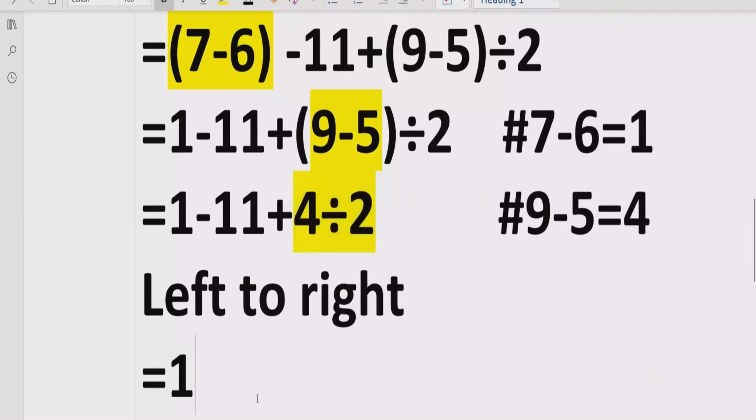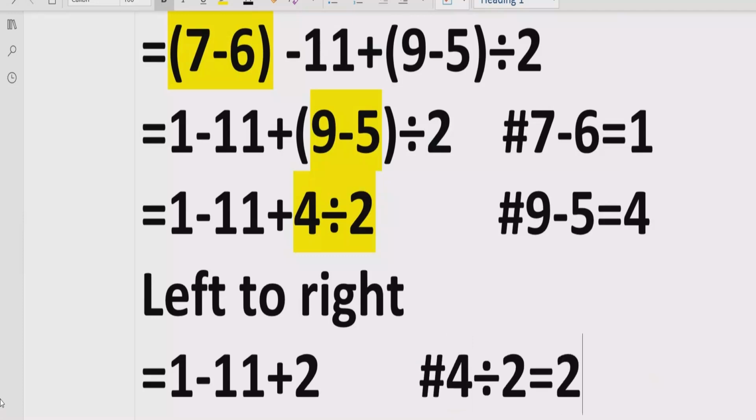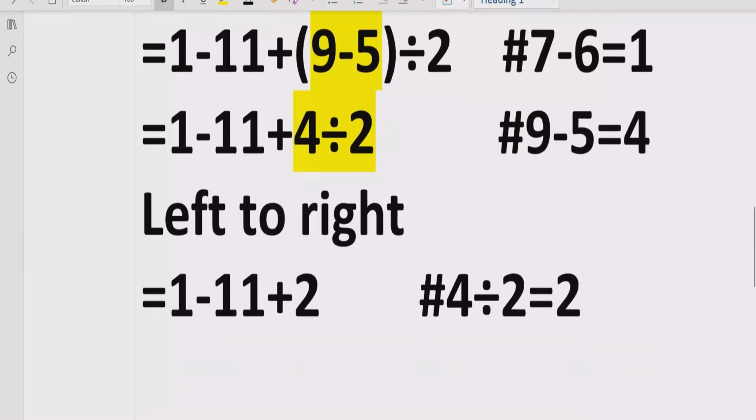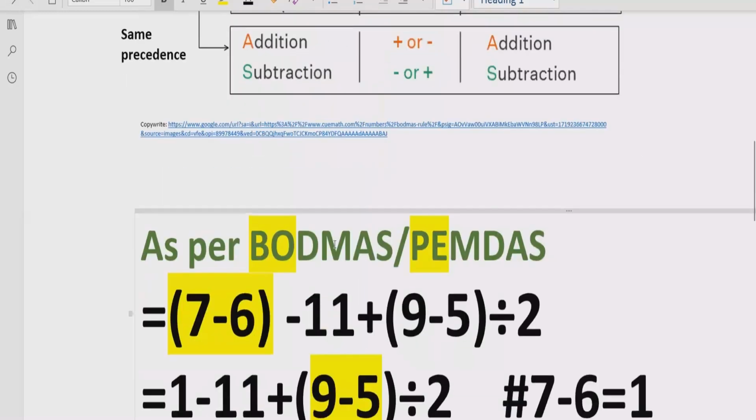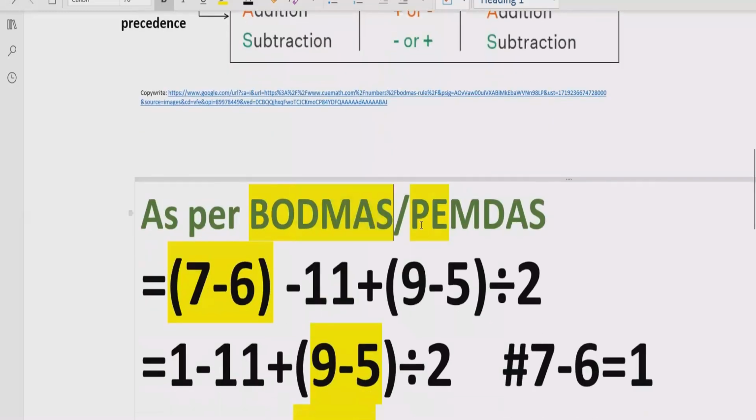So 1 minus 11, we will write as it is, plus 4 divided by 2 is 2. So this becomes 4 divided by 2 equals to 2. Now move forward. Again, we have to solve the division and multiplication. We have solved. Now we will follow the addition and subtraction.